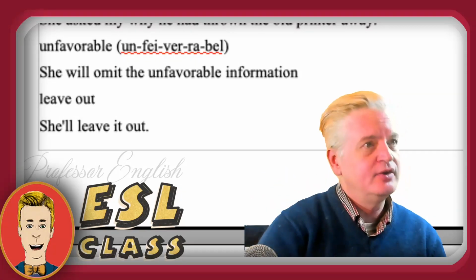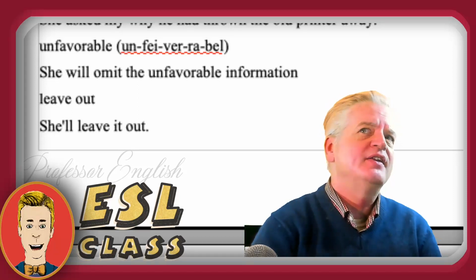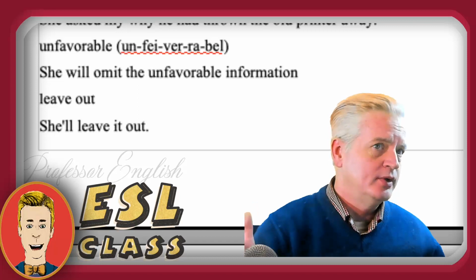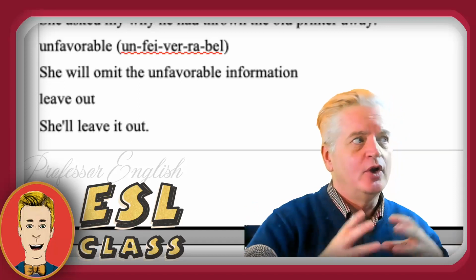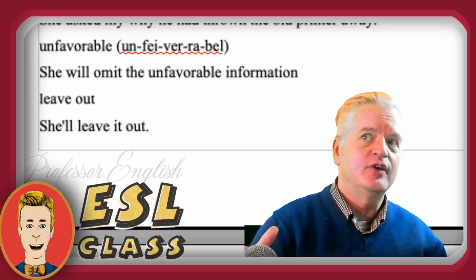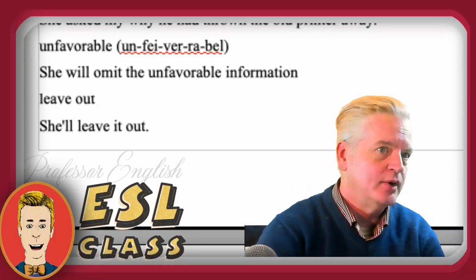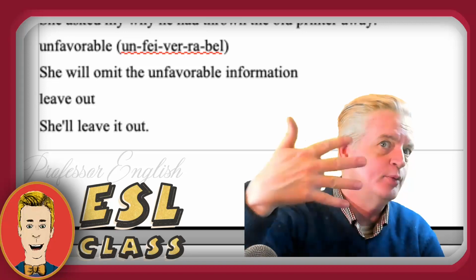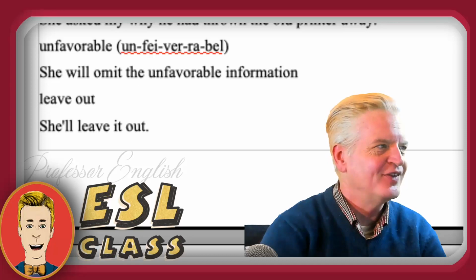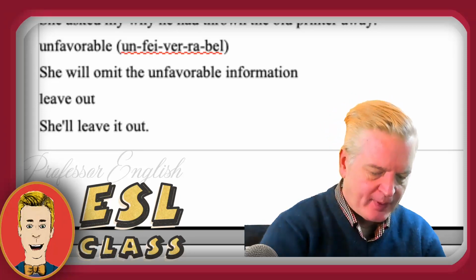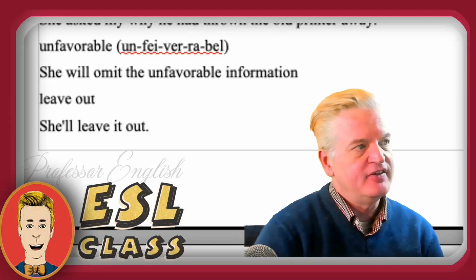But if you don't, it could mean not include. So she will omit the unfavorable information means she will not include it, she will not tell people. You can use the word omit in English, it's perfectly fine.